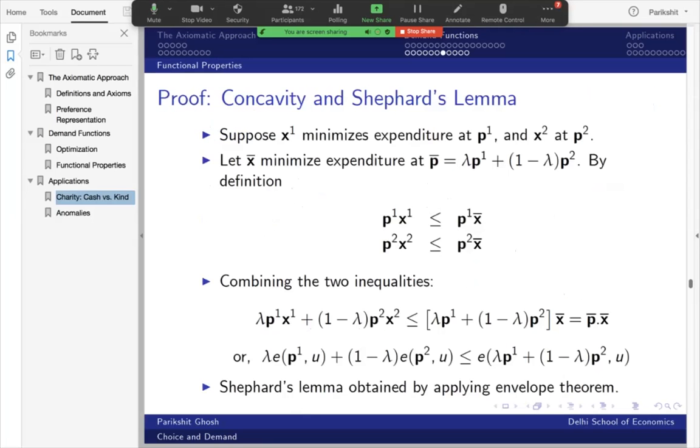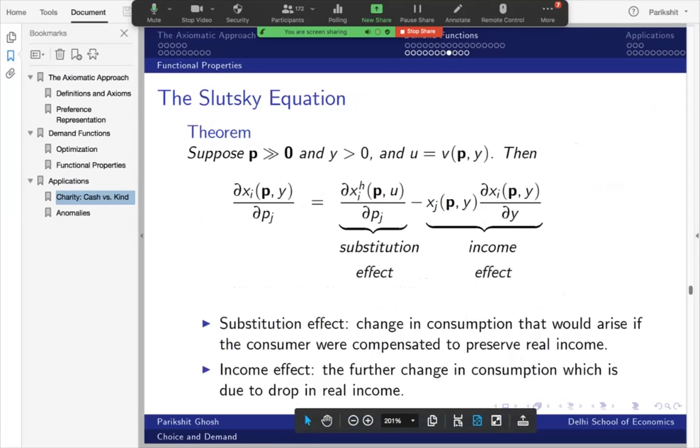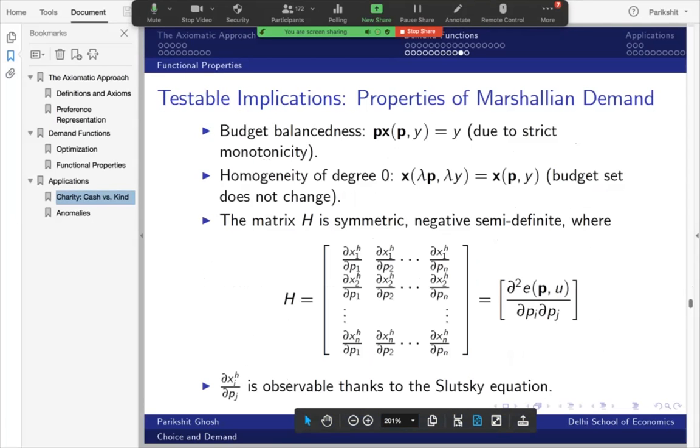Earlier, we proved that the expenditure function has to be concave, right? Concavity of the expenditure function. Now, the expenditure function being concave means that this Hessian matrix, the matrix of the second derivatives of the expenditure function, written in order, has to be a negative semi-definite matrix. This is something, again, which I discussed earlier, right?